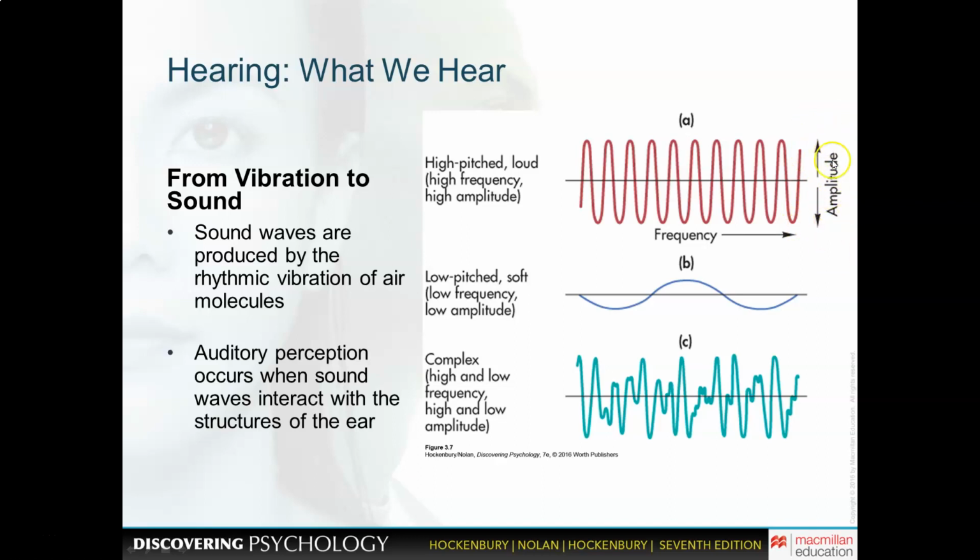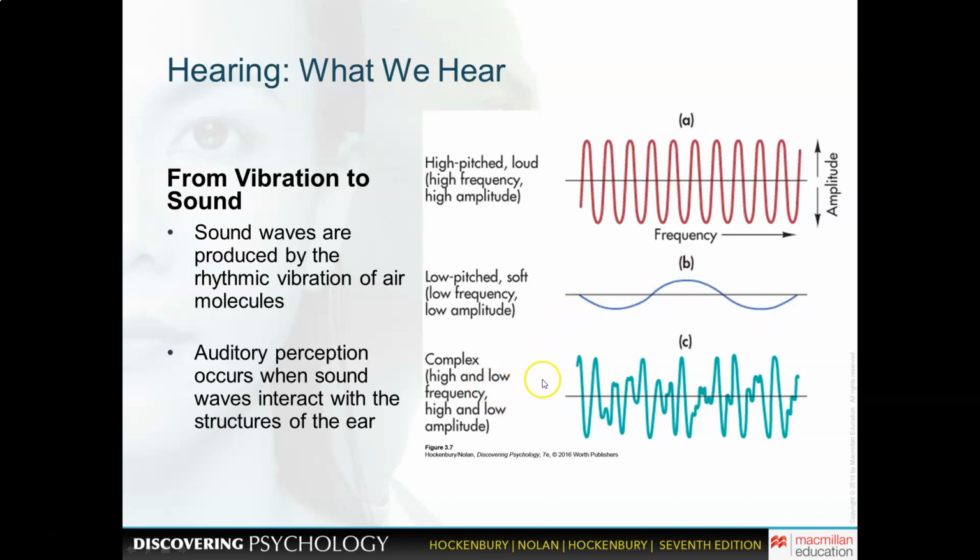Amplitude refers to how loud the sound is, hence the word amp, like a loud guitar amplifier. So amplitude refers to volume. Now, did you notice right here, a low-pitched sound, like a tuba, has much slower waves, less frequency for a certain amount of time, so that is a much lower sound.